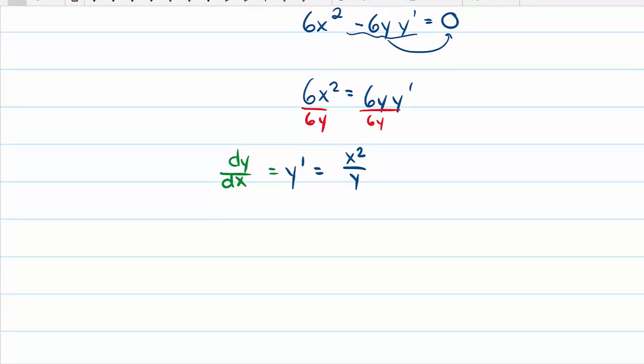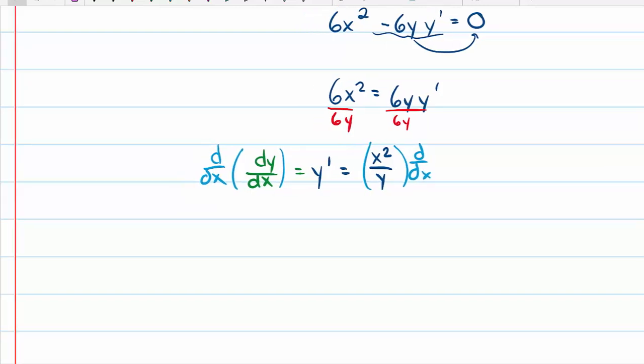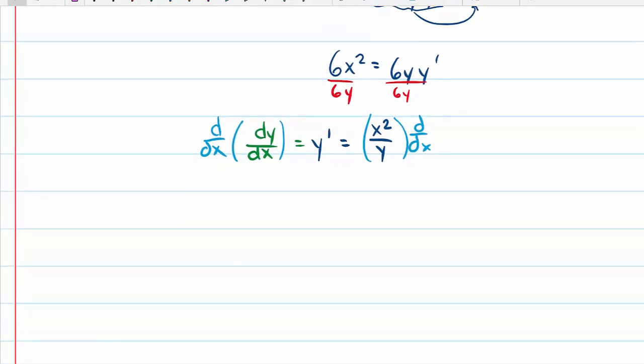So to find the second derivative, we're just going to take it again. We're going to do d dx to both sides. Now, this is where you get that d squared y divided by dx squared. Notice that right here, you have 1 d, 2 d, so that's d squared. So we have d squared y divided by dx squared, and this is equal to y double prime. And here, we're going to need to use the what rule?